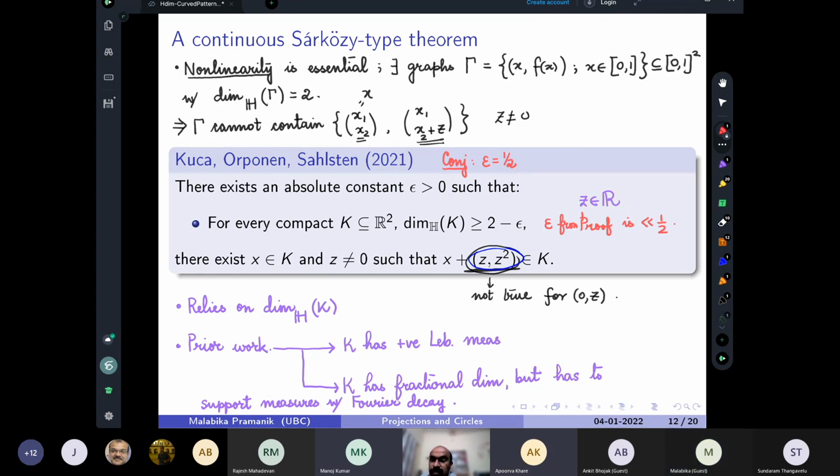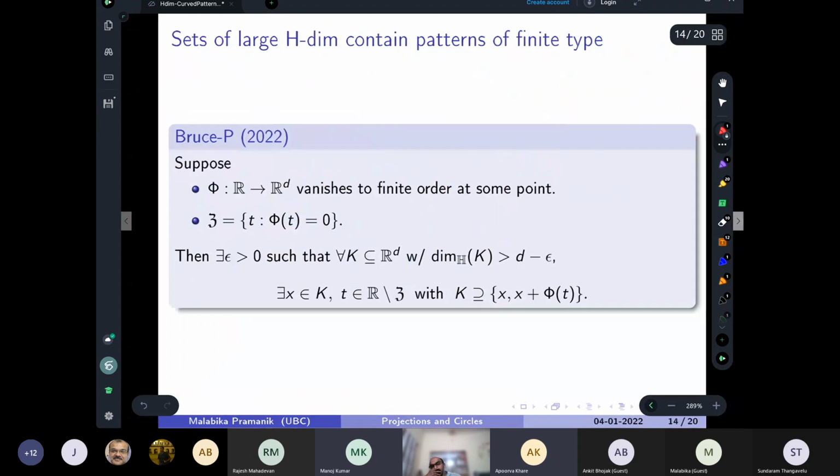And the reason I was asking was because now I'm going to go to your result. How constructive is your epsilon? I'm reminded of this kind of Grothendieck inequality thing. How dependent on D is the epsilon? Can you say that across all D and across all phi from R to R^D, the same absolute constant epsilon works? That's right. Yes, we can actually say a few things in that respect.